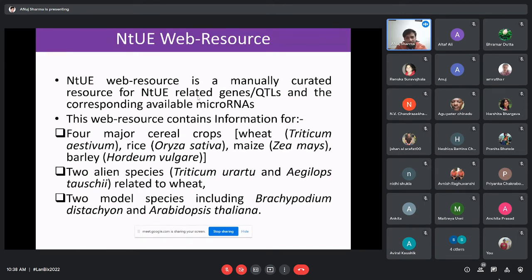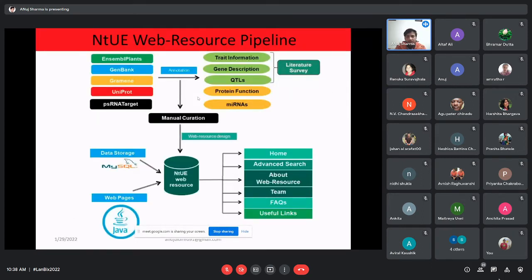It is dedicated to providing information about four major cereal crops, including wheat, rice, maize, and barley. Two legume species are also included, and among model plants, we considered Brachypodium and Arabidopsis thaliana. So here is the pipeline we utilized for the development of this web resource.